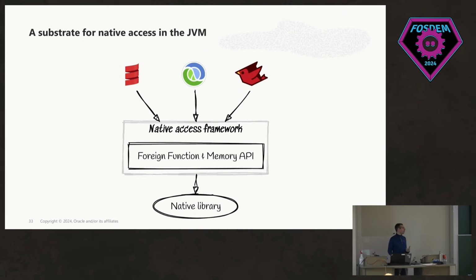One thing that emerged while we were working on FFM is that there are quite a lot of use cases that we didn't anticipate at first. Since FFM is a fairly low-level library, it allows other languages that are built on top of the VM, such as Scala, Clojure, or even JRuby, to very easily use the FFM layer to target native functions.